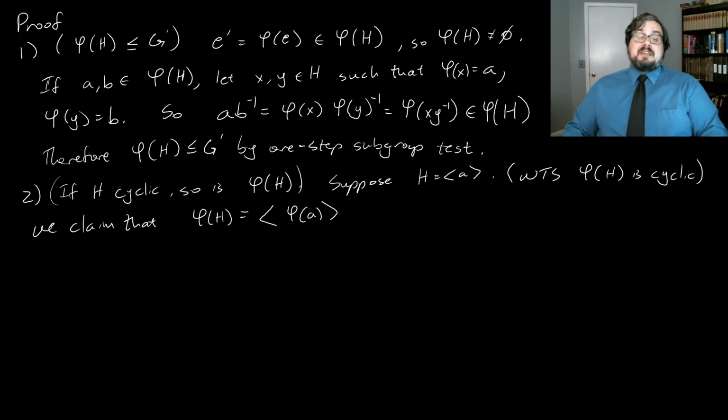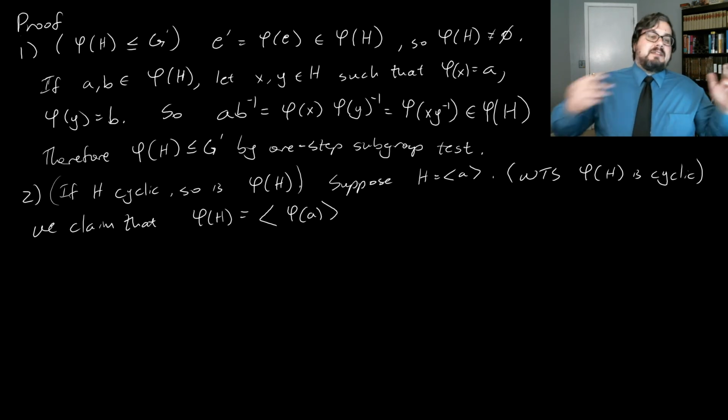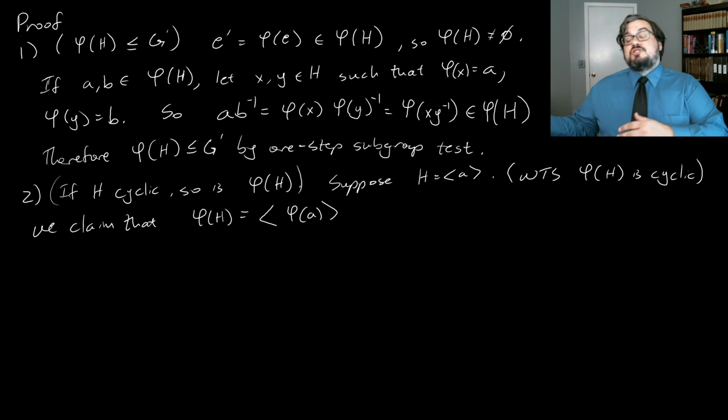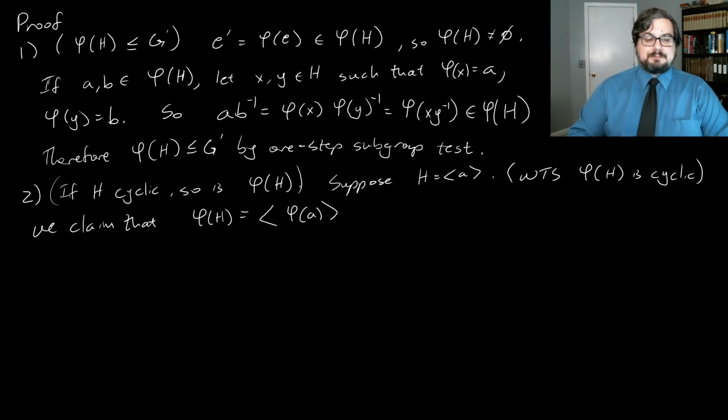In order to show that phi of H is a cyclic subgroup, we have to show it's generated by some element. The only element that we have to work with at this point is A, but A lives back in G, and so to get something in G prime, we apply phi to it to bring it up to G prime.